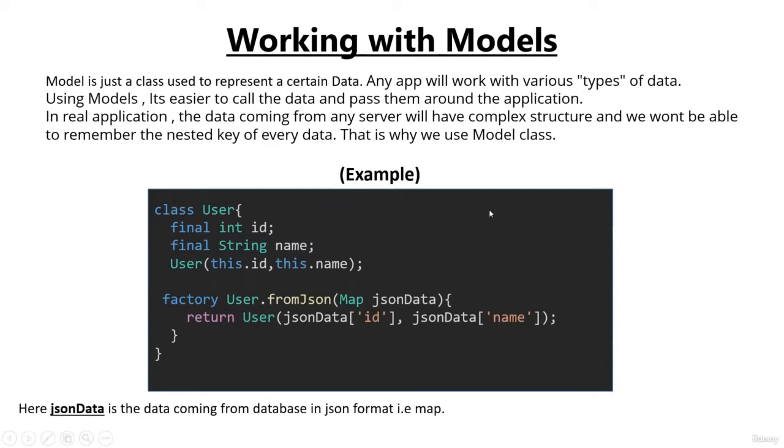So here in this example, you can see how we create our models. Suppose we have data of a user, so we create a class User, and all the data that is inside the user should be written in the form of instance variables, like final int id, final String name.